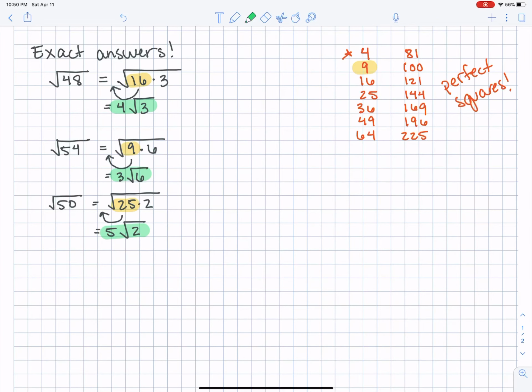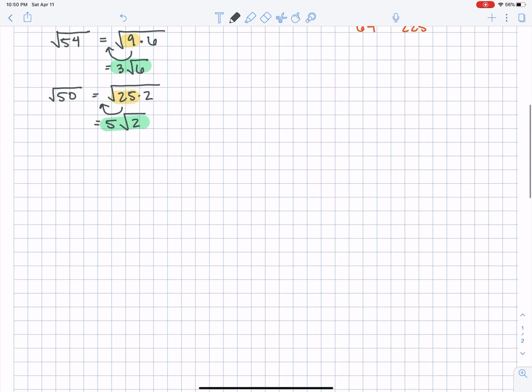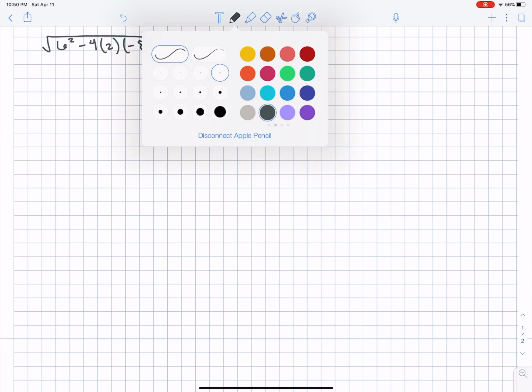However, you might have something that's a little bit more advanced. So I'm going to go ahead and I'm going to say the square root of 6 squared minus 4 times 2 times negative 8. And order of operations says that we have to do parentheses first.